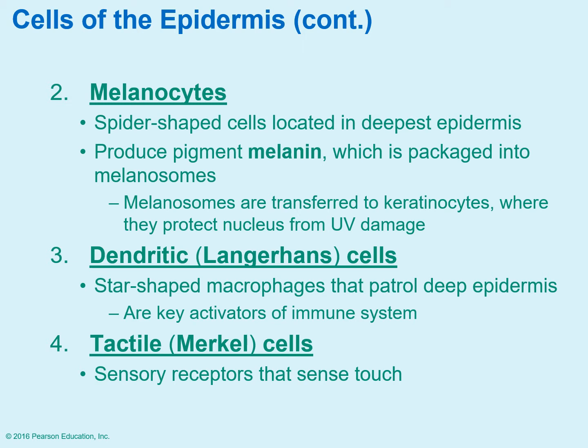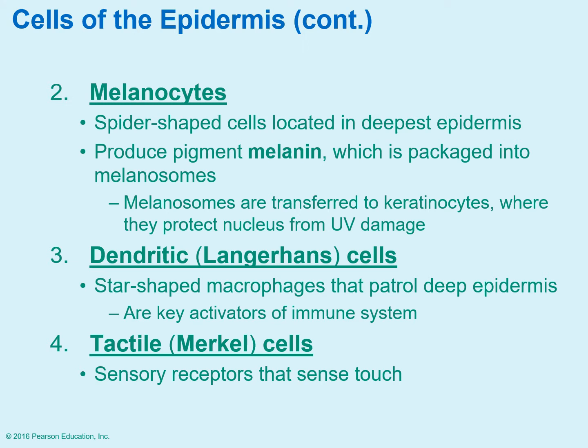So this pigment tends to just naturally form on the more superficial side of the nucleus. In other words, it acts as a block of incoming UV light before it can penetrate through the cell and hit the nucleus. You tend to have the melanin pigment on that side, and it prevents the UV light from hitting the DNA where it can cause damage.